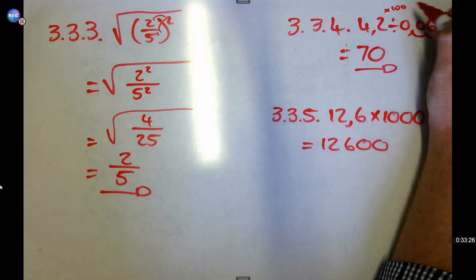So we need to make them improper fractions first. 4 times 5 is 20 plus 4 gives me 24 over 5, divided by 3 times 8 is 24 plus 1 gives me 25.